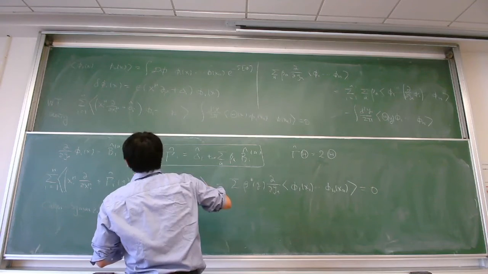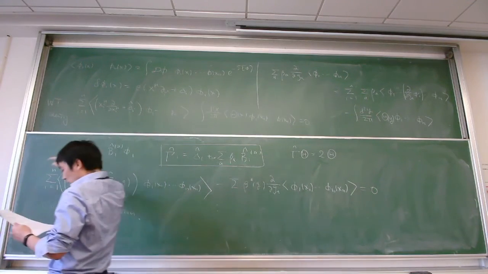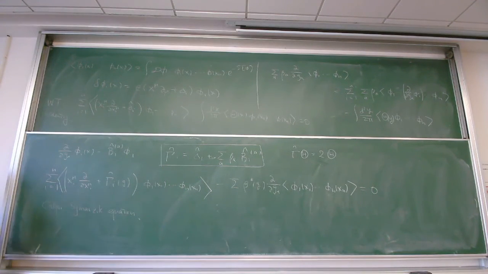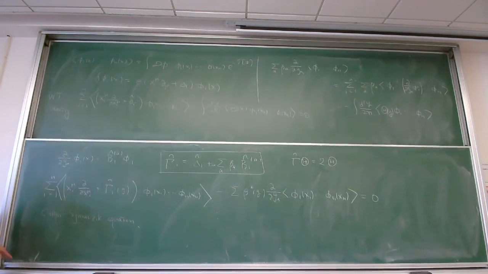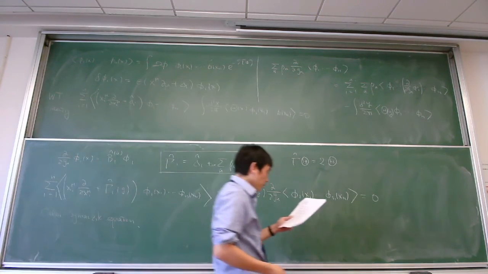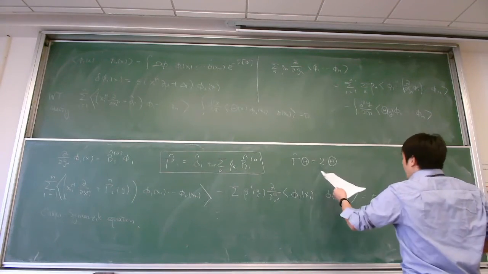So therefore gamma acts on theta. The trace part of the stress energy tensor is indeed 2 theta. The tensor with respect to variation of G A is 0 because the energy momentum tensor is conserved, independent of the coupling constant. So you obtain gamma hat acting on theta is 2 theta.